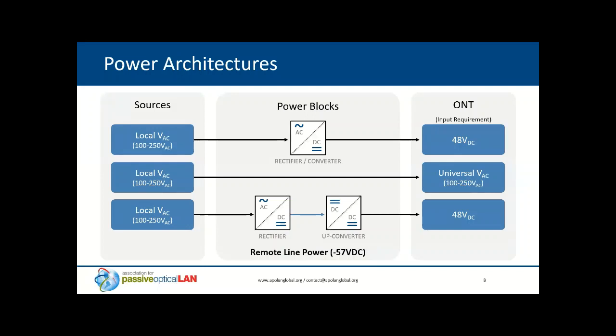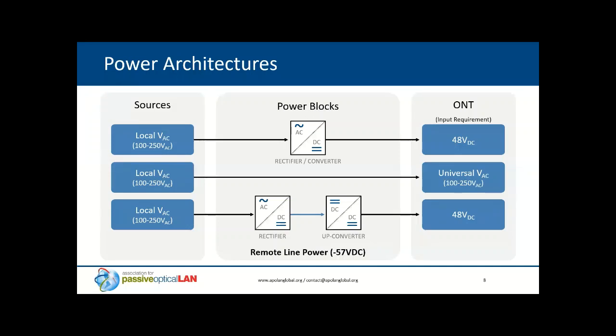So as Matt mentioned, in the closet or at your splitter location, no power, but we do have active components within your passive optical LAN power architecture. That being the OLT at your head end, and then at the edge with the ONT, the optical network terminal.